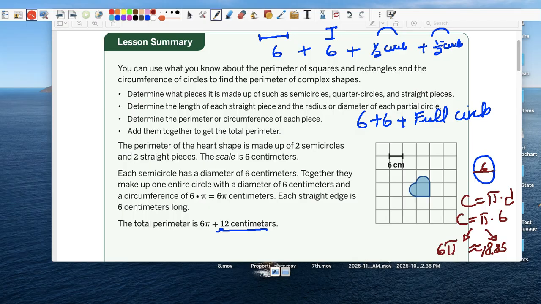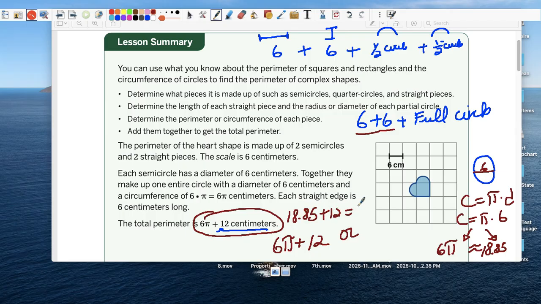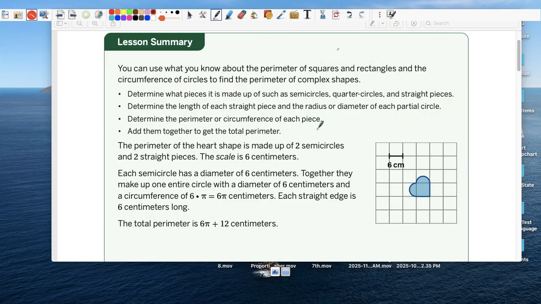So you can leave it, and notice how they left their answer here as 6 pi, because they don't want the ugly decimal. 6 pi plus the two 6's from before, plus 12. Or, if you add them up, 6 pi is 18.85. You add the 12, and you get 30.85. It really depends on how they're writing the answers.